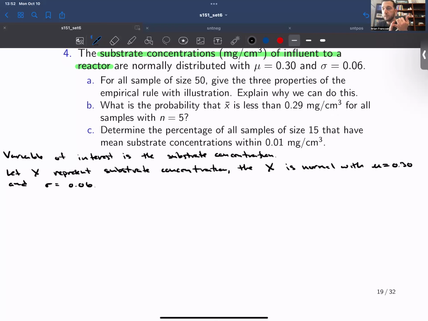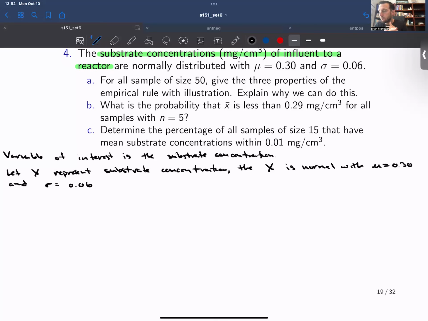Okay, so our variable is the substrate concentrations. We're going to define substrate concentrations to be X, but we could call it anything we want. And we know that X, the substrate concentrations, are normal, right? So they follow a bell curve shape. They have a mean of 0.3 and they have a standard deviation of 0.06.